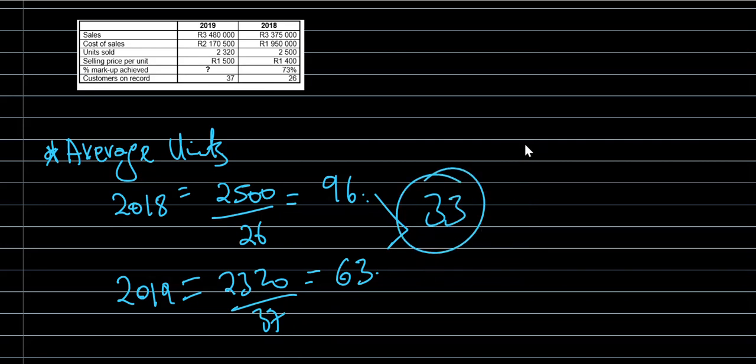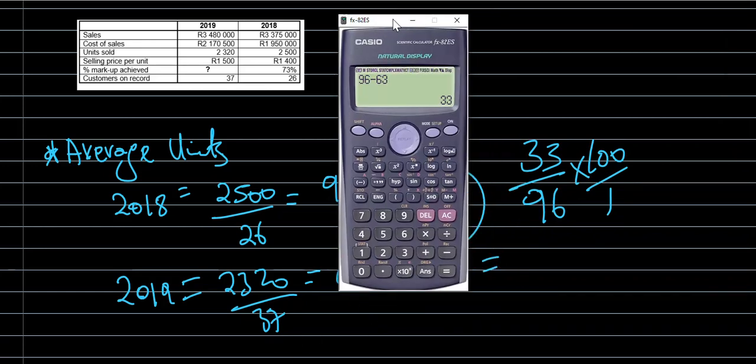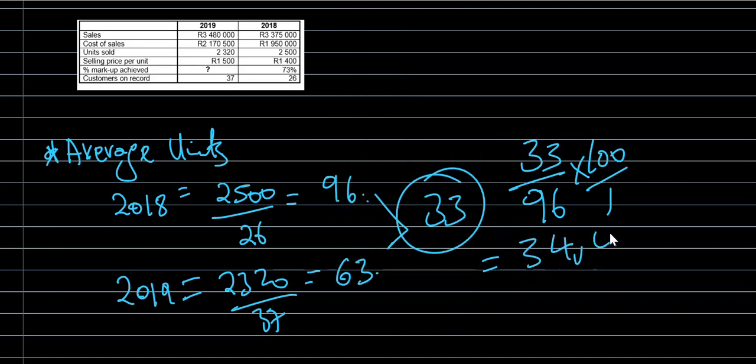Now if you want to calculate the percentage decrease, it is going to be 33 divided by 96 times by 100 over 1. Let's do it. 33 divided by 96, the answer is 0.34, then times the answer by 100, it would give you 34.4%.